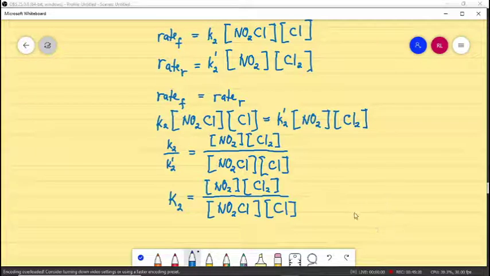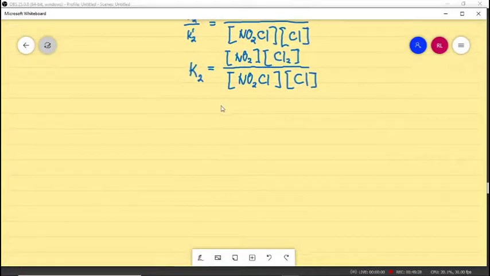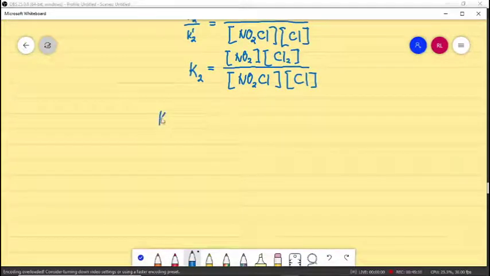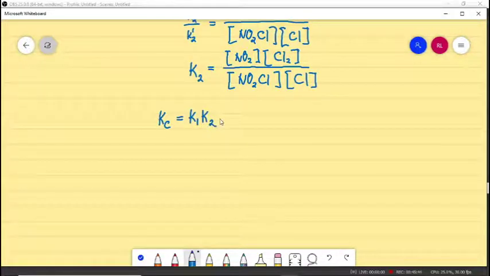So, what are we going to do now? We will solve for the K sub C. Now, K sub C is equal to the products of K sub 1 and K sub 2. So if you're going to substitute the values, what is our K sub 1?